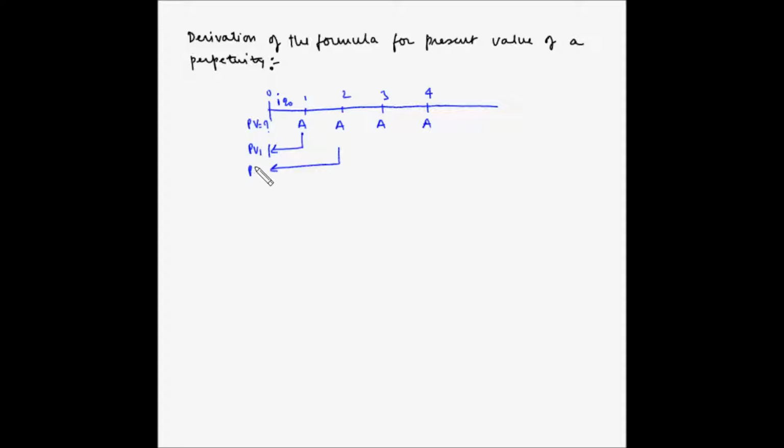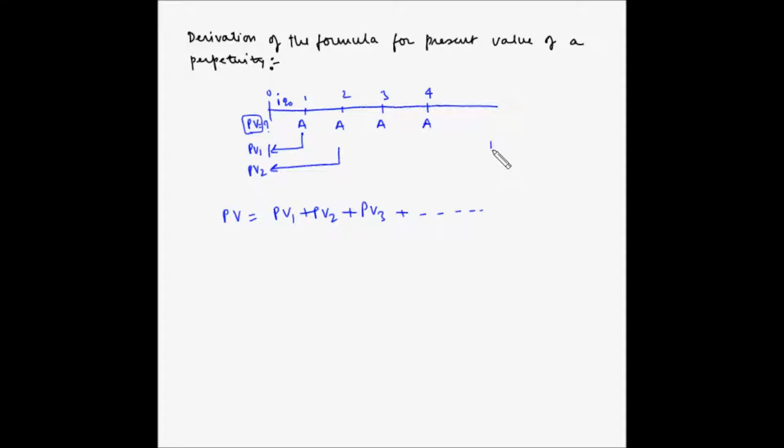Similarly, PV2 after 2 years at I% per annum will get converted into A, and so on. And this PV, the overall present value of this perpetuity, is equal to PV1 plus PV2 plus PV3 and so on.